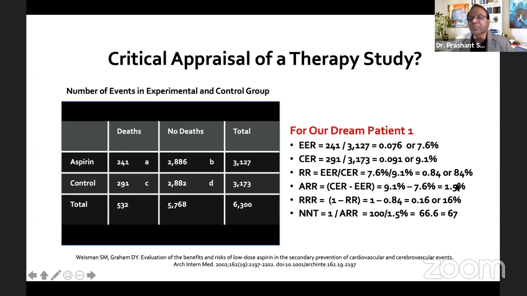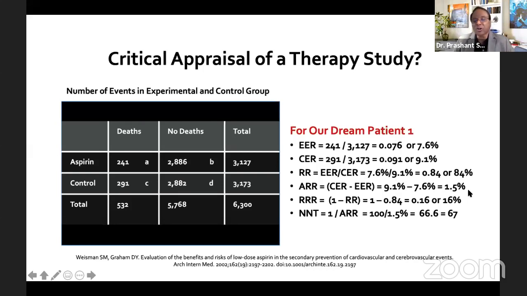Now, if you look at the relative risk as well as relative risk reduction, these numbers look impressive: 84%, 16%. But just take a look at the absolute risk reduction, which is subtraction of the event rate in the experimental group from the control group, and you get 1.5. So the absolute risk reduction is only 1.5%, whereas the relative risk reduction is about 16%.